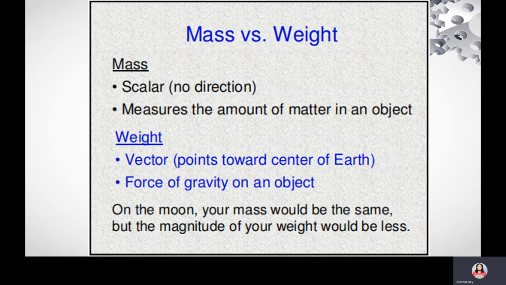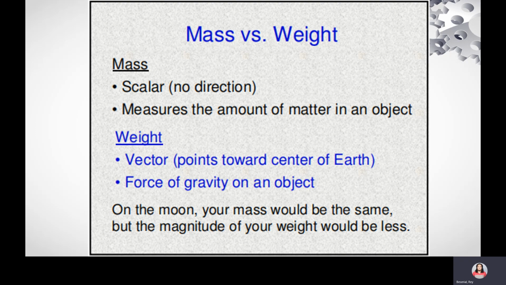Here, may example lang tayo para mas ma-visualize niyo ano ang difference ng mass at saka ng weight. Example, you are on the moon. Your mass would be the same, but yung magnitude ng weight mo would be less. Nagdedepende kasi yung ating weight sa gravity.